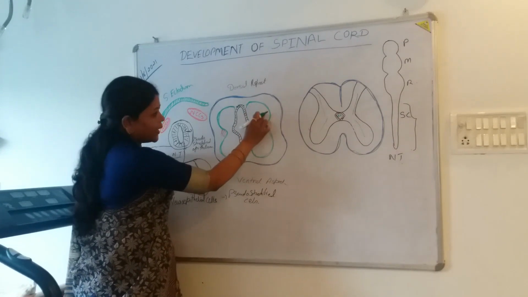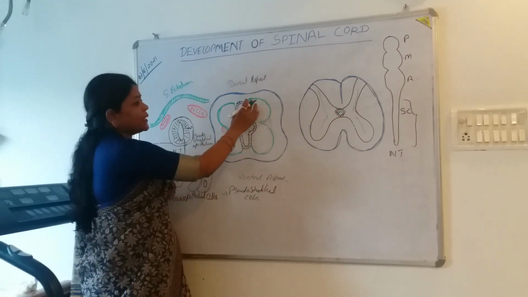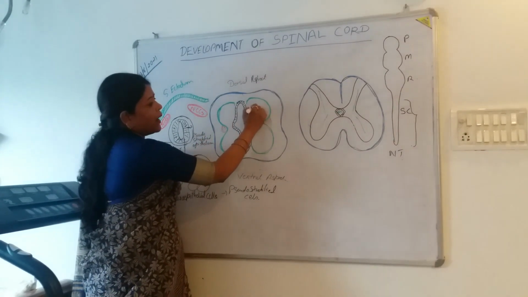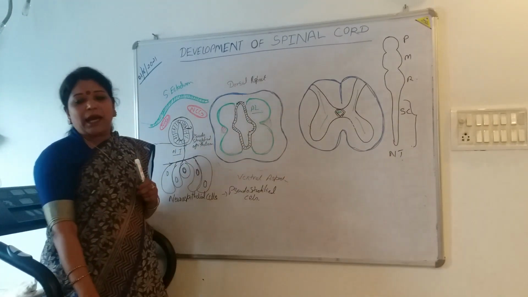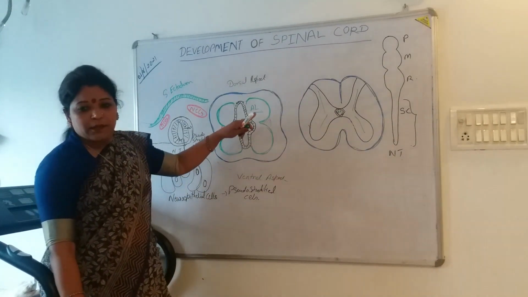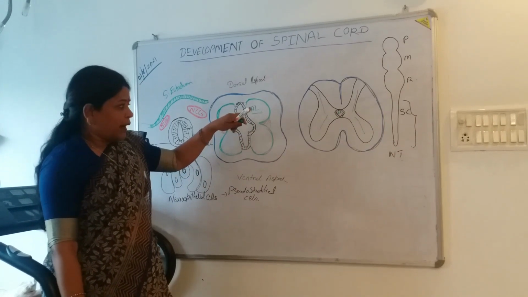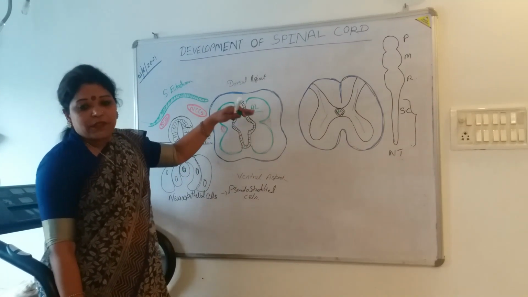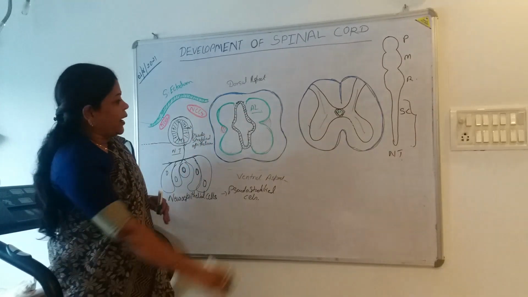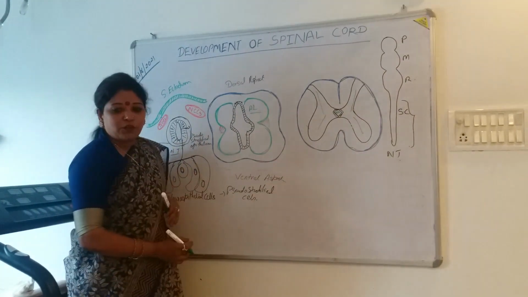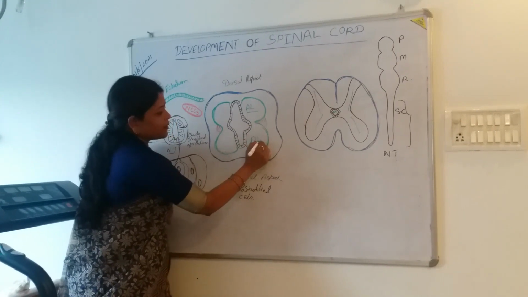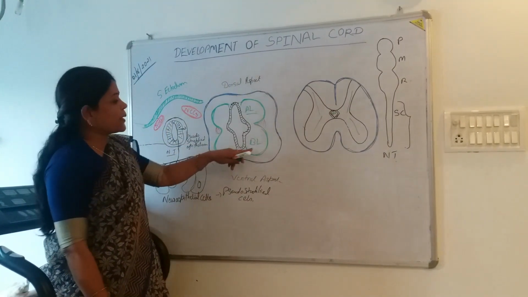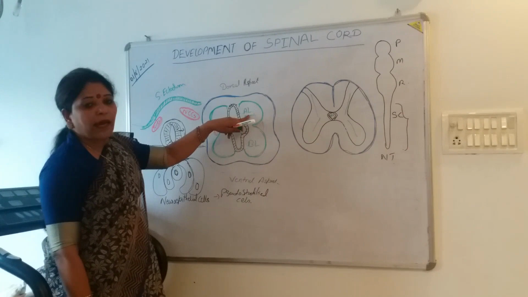So this area which is present dorsally will be known as what? The alar lamina, or the alar plate. Dorsally it is the alar lamina, and on the ventral aspect you will get the basal lamina. So this is the basal lamina and this is the alar lamina.